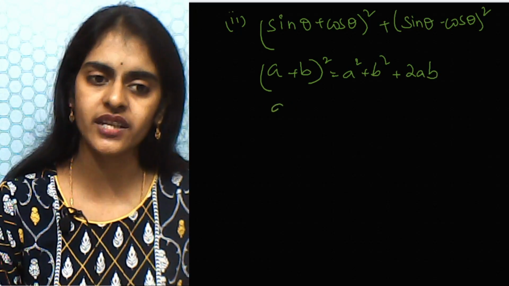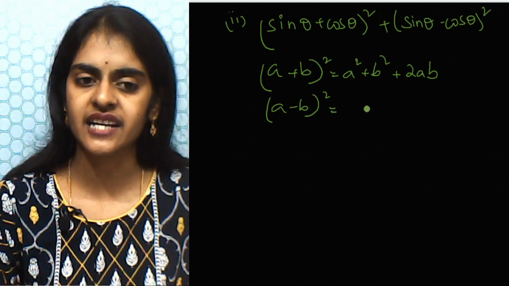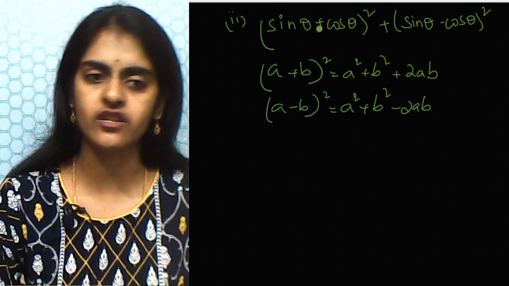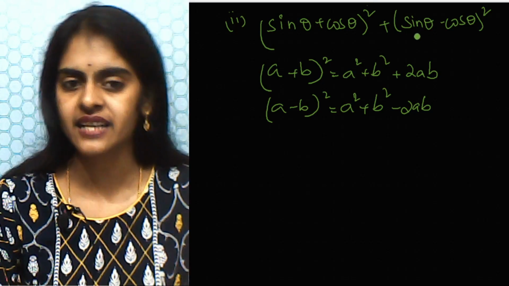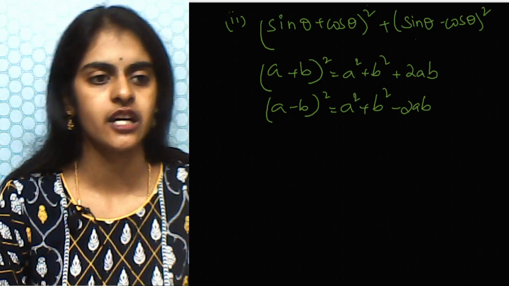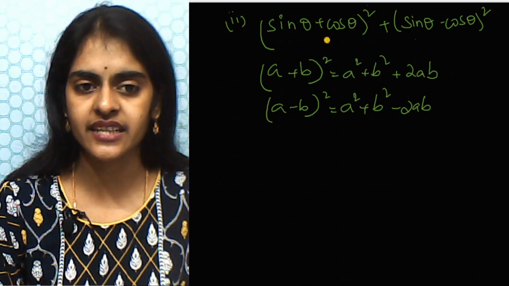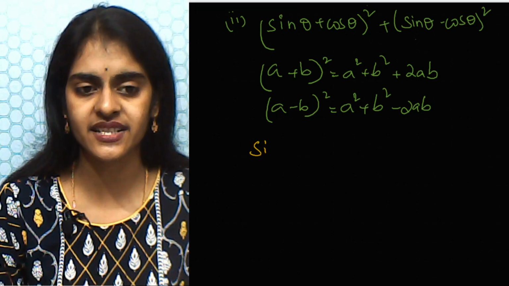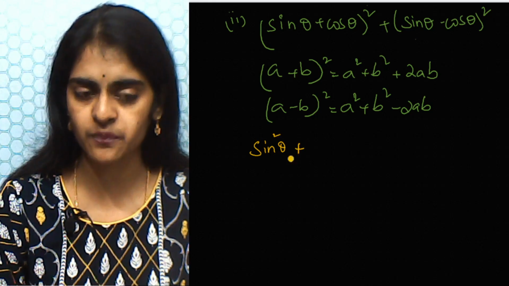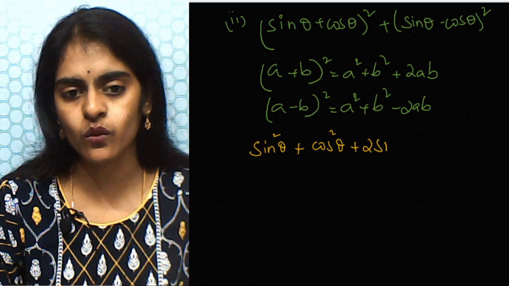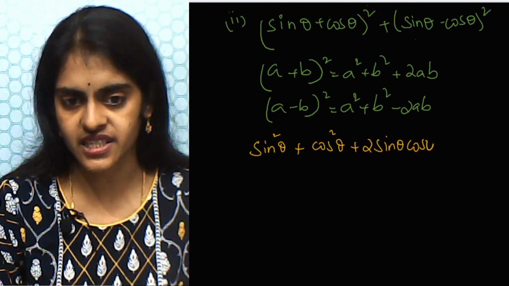Similarly, what is a minus b whole square? It is nothing but a square plus b square minus 2ab. So this is like a plus b whole square, and this is like a minus b whole square. Let us use these two identities and write it here. So sin theta plus cos theta whole square is nothing but sin square theta, a square, plus cos square theta plus 2 sin theta cos theta.